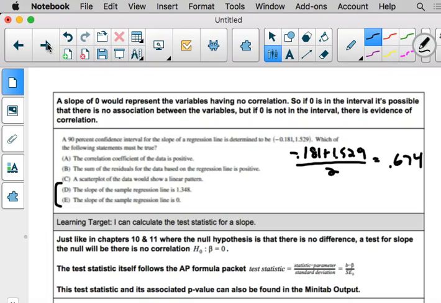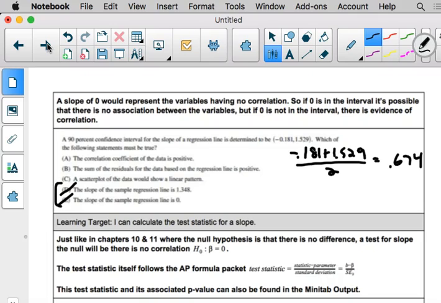And if you notice when I average that, I don't get either one of those, okay? So neither D or E are correct. Again, that is not what the center of our interval is telling us. C, a scatter plot of data would show a linear pattern. So this one sounds super tempting. It sounds good, because why would you perform inference on slope if it's not linear?